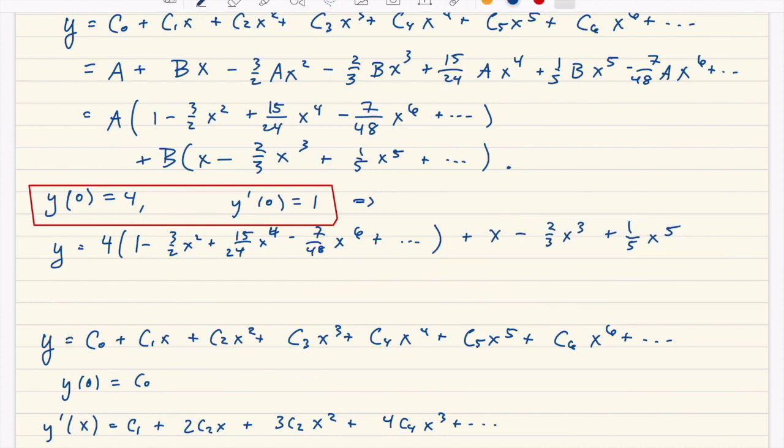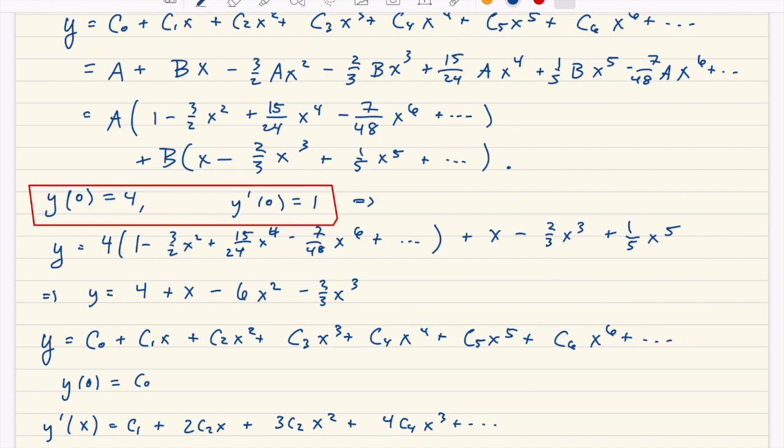What we're going to get really is that our solution y is going to be 4 plus x minus 6x squared minus 2/3 x cubed plus, let's see, 15 over 24 times 4 is going to be 15 over 6.